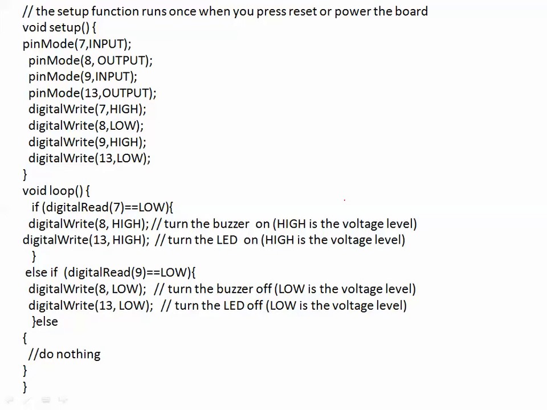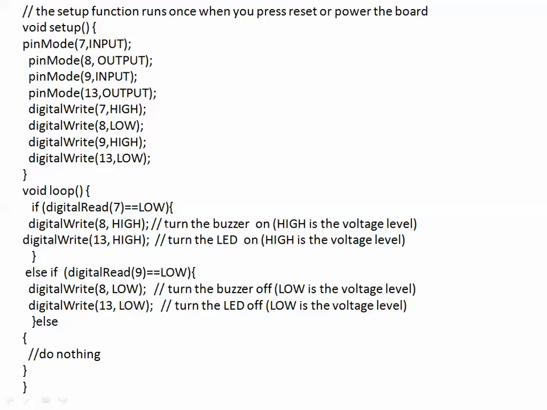Now coming to the loop function. What are the actions to be done when, with digitalRead, the number 7 switch is pressed, that means it is set to low? I have to handle both 8 and 13. The buzzer is connected to 8 and the LED is connected to 13.